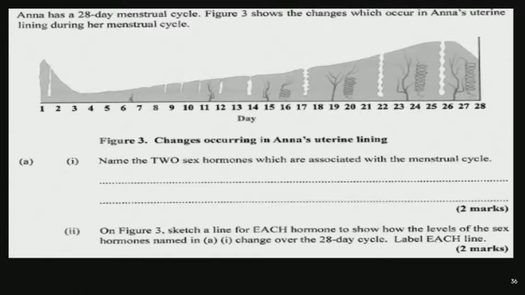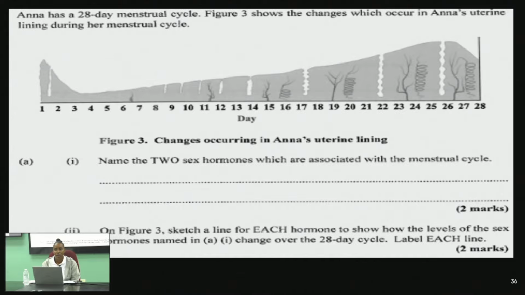All right? So for our estrogen, we would have a slow increase in a line graph, and then we would have it peaking over day 14, and after day 14, it would gradually reduce or drop drastically.